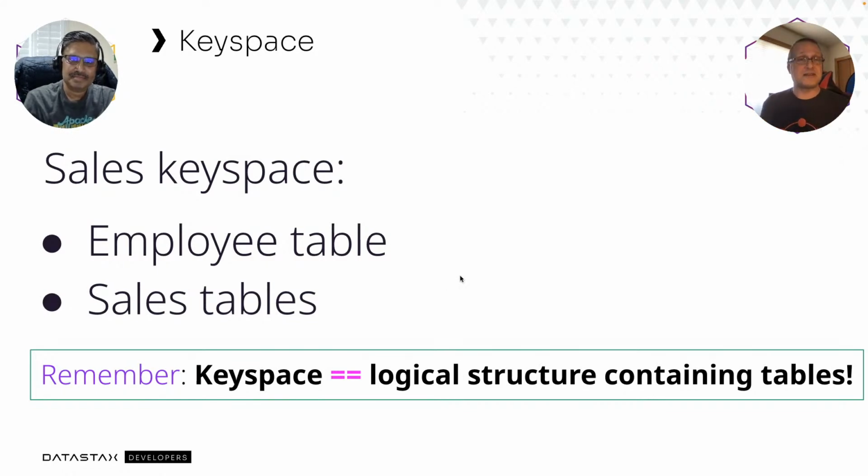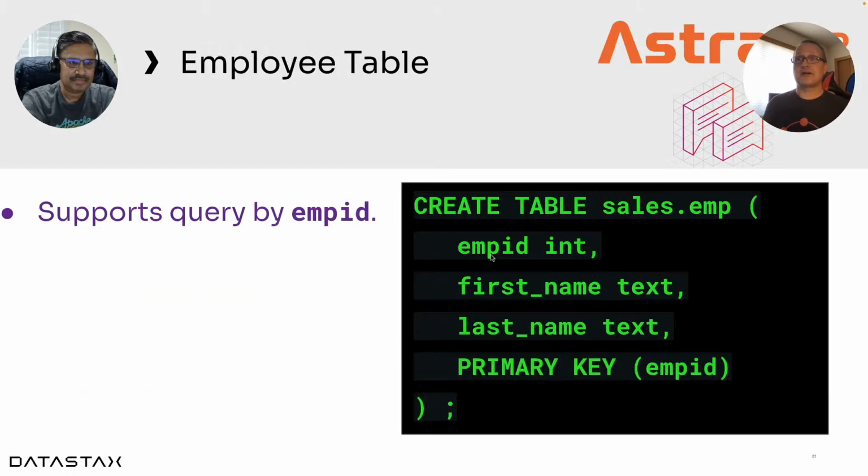So bearing that in mind, let's take a look at this data modeling from a Cassandra approach. We have a sales keyspace where we have an employee table, and we're also going to build out our sales tables as well. The main thing to remember is that your keyspace is really just a logical structure containing your tables. It's a way to keep tables that support an application together. So here's our employee table. Like I mentioned, this is very simple.